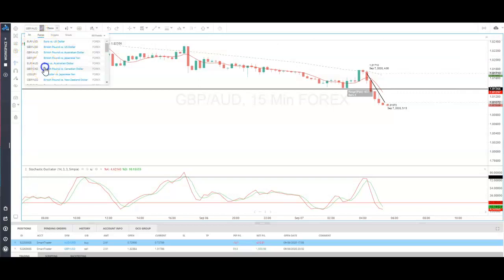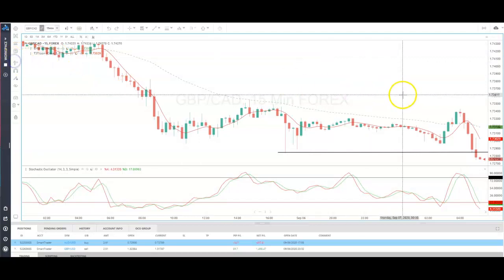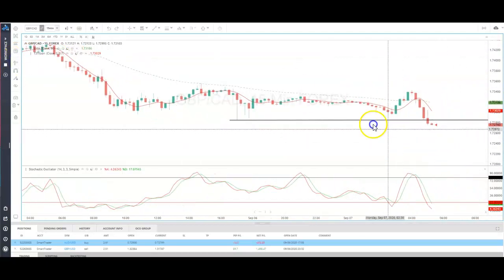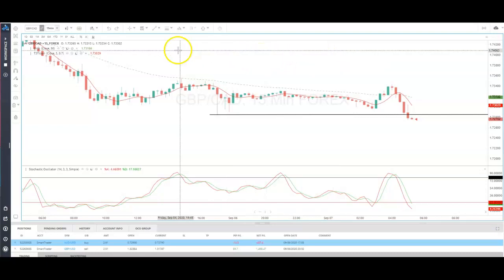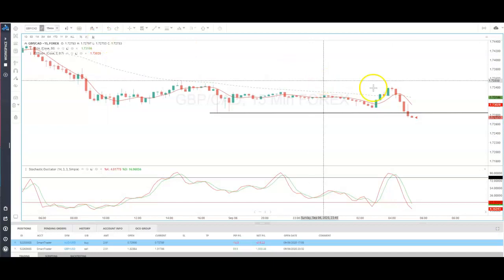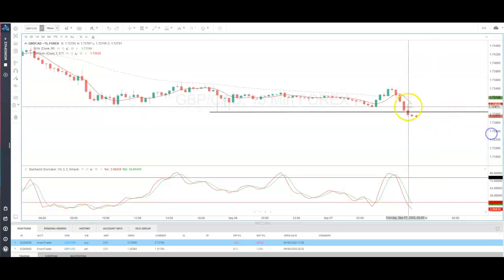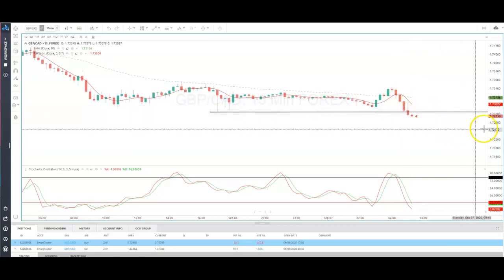Pound Swiss, pound CAD. Let's look at pound CAD. Look at all the pound crosses, and if you can line them up all on your chart so you can see them simultaneously, that's even better. I use a Tilson 3 line to help me on a 15-minute chart on the Smart Trader platform. There's a trade to the downside, and it's time sensitive, so you really have to enter that trade quickly because it moves very fast.